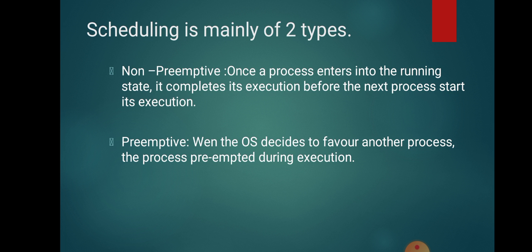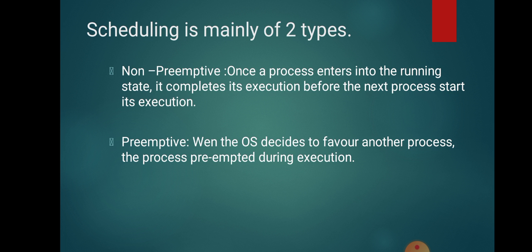In non-preemptive scheduling, once a process enters the running state, it completes its execution before the next process starts its execution. Once a process enters the running state, it has to complete its whole execution before the next process arrives for its execution.